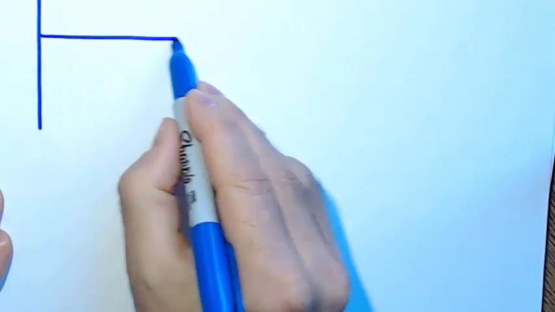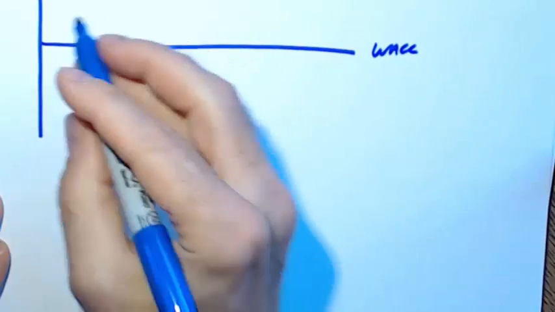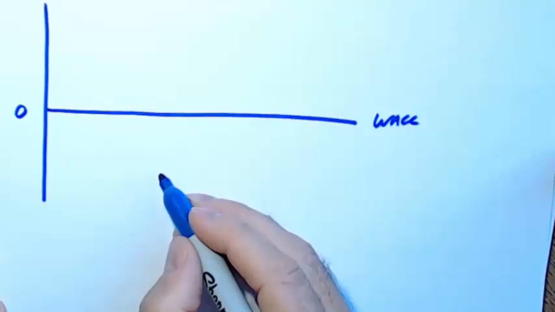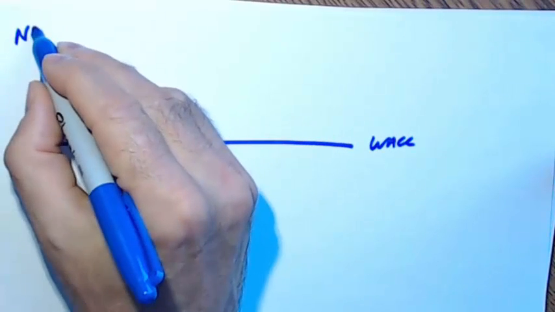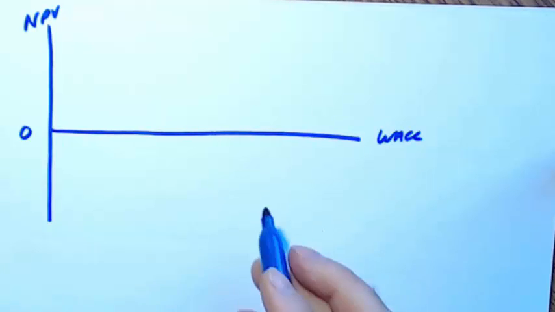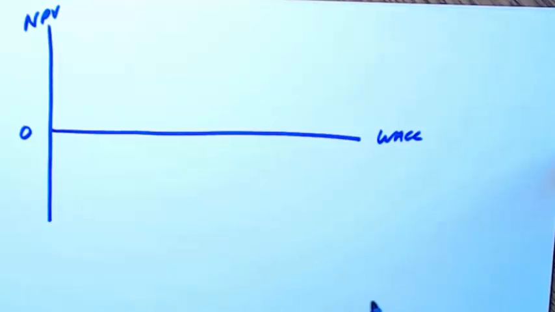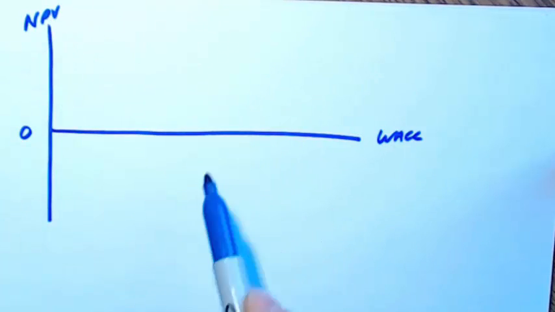Let me graph this. So here we have weighted average cost of capital. Here we have 0. And we're going to have NPV on this axis. This is the net present value profile. It's not going to look like the profiles that were before.